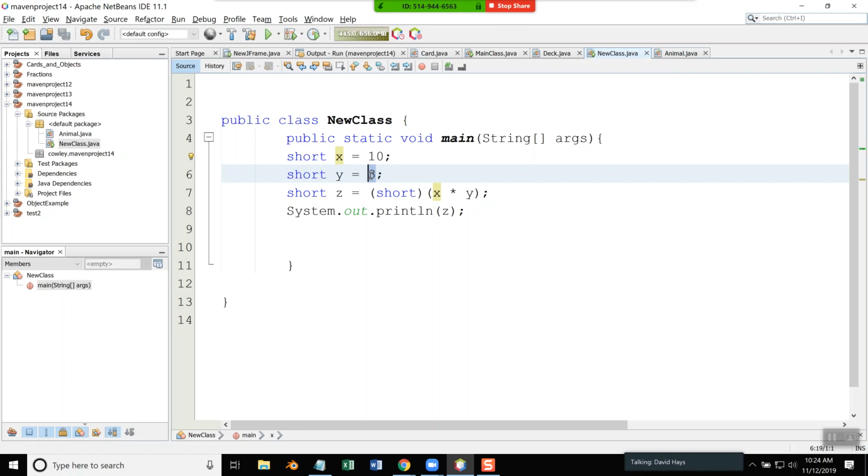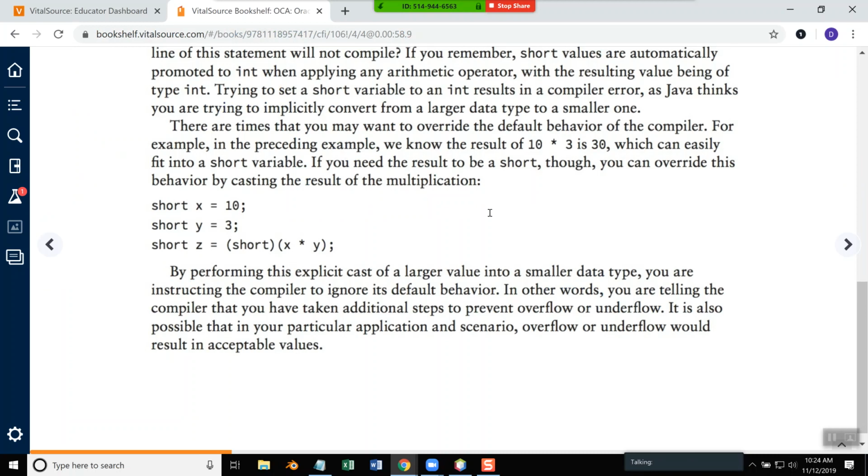Now here, another integer can take back there, but then x times y should promote both those to integers. And so you can't assign that back to a short. If that's an integer and I can't assign it back to a short, how come I can assign these back to a short? Maybe 10 isn't what I think.